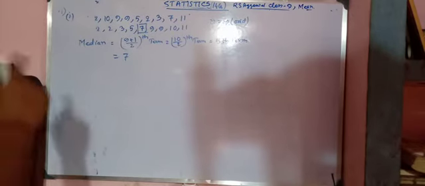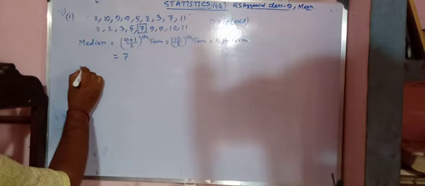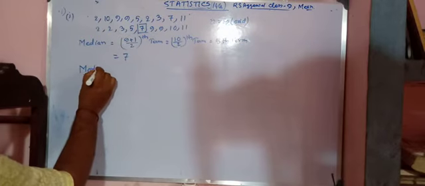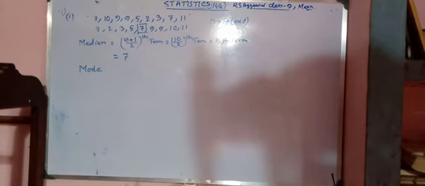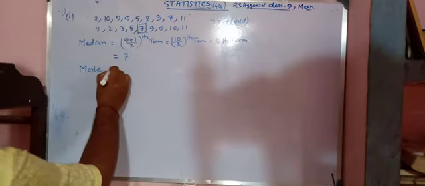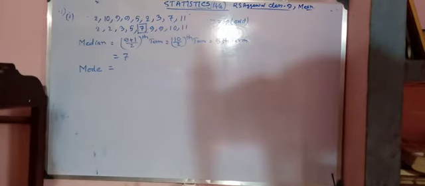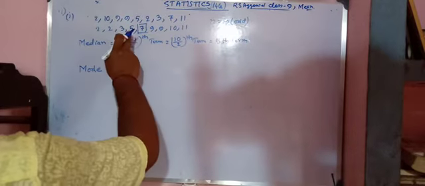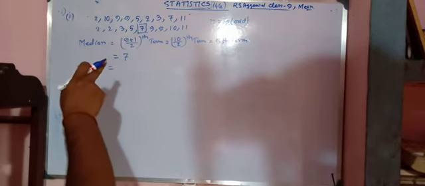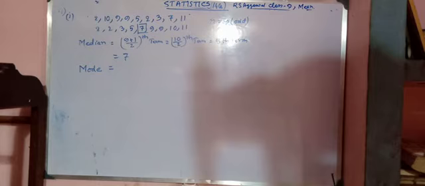Now if we have to find the mode of this data, which number occurs the most? No, actually from here we can't find it like that.